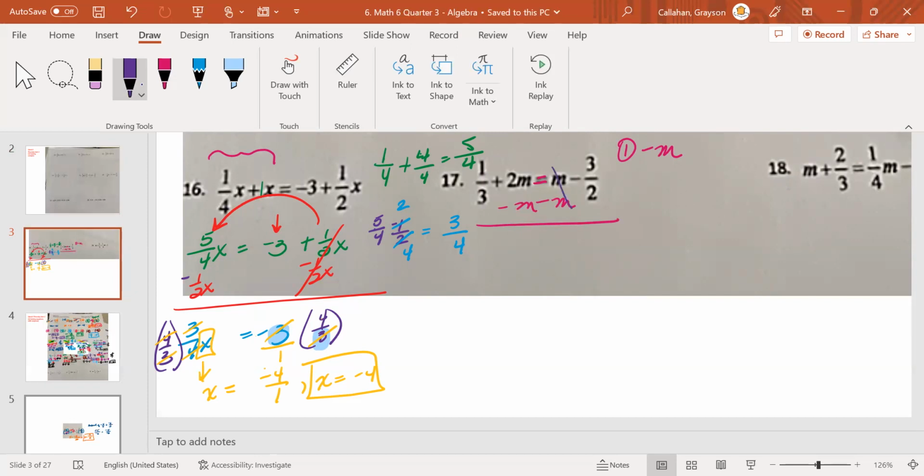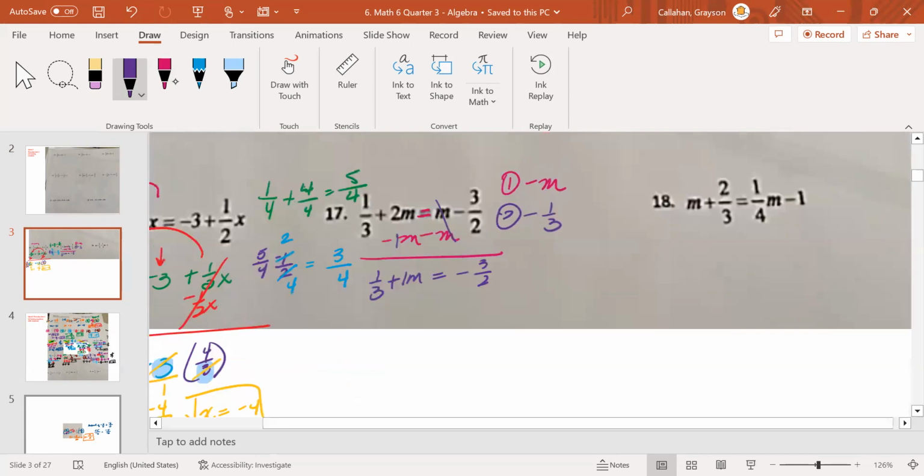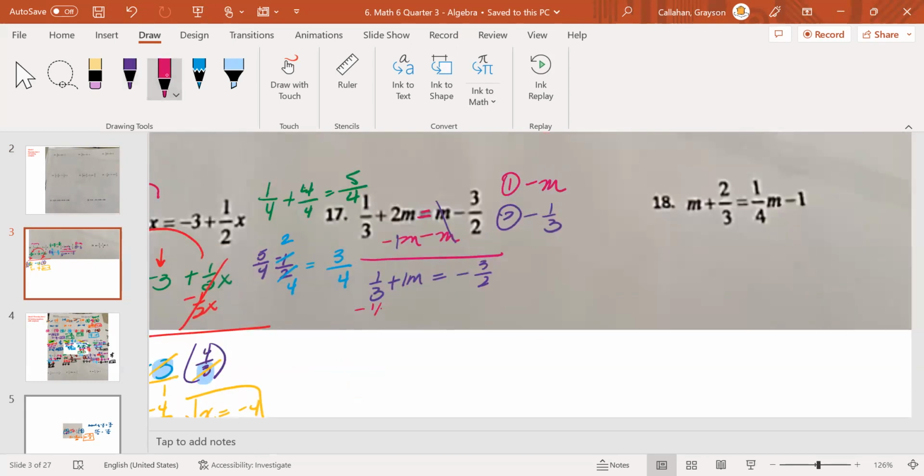When I do that, this m cancels, bring down the -3/2 equals 2 minus 1m is a 1m, positive 1/3. Then your second step, you want to get rid of the 1/3, so I'm going to subtract it on both sides. So when I subtract a 1/3, subtract a 1/3, draw your line. Then this side cancels. Bring down the m equals, you might want to do this on the side, -3/2 minus 1/3.